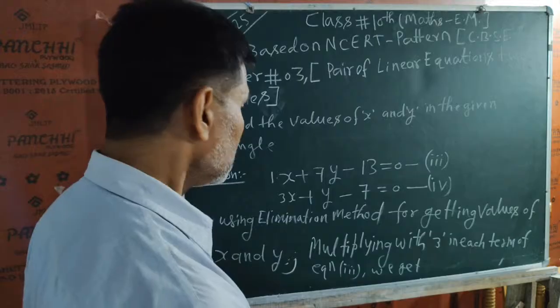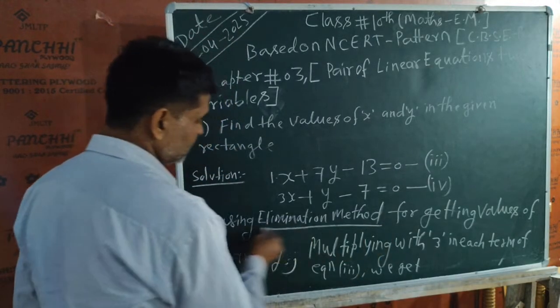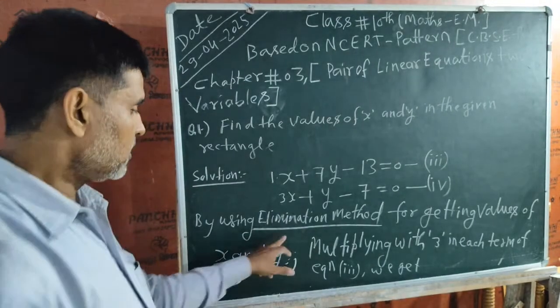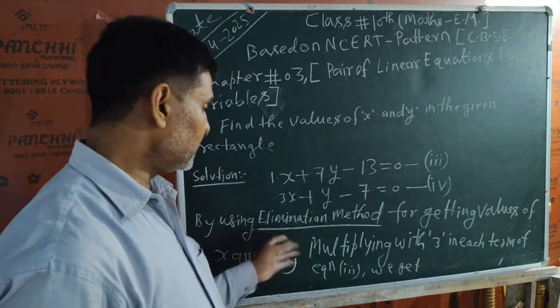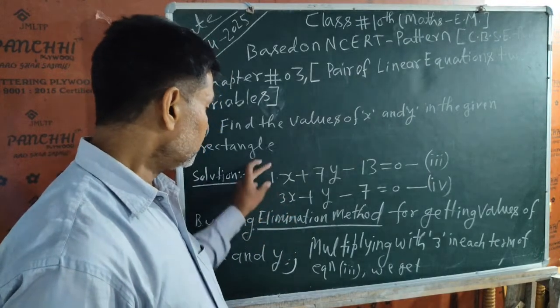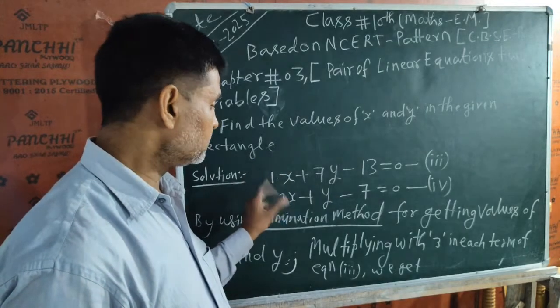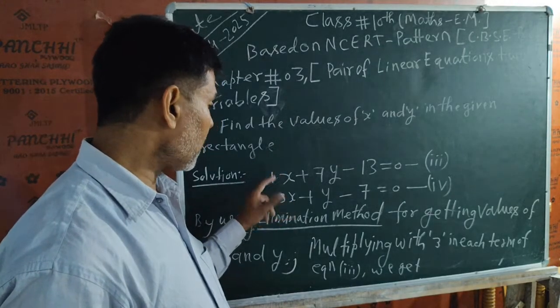Okay, student. So now here I am going to use the concept of the elimination method. If we use the elimination method, we have to make the coefficient of x in both equations equal.